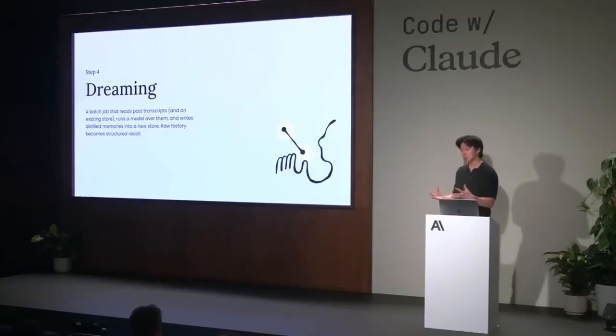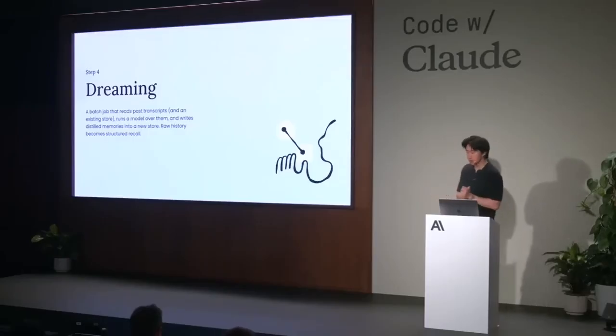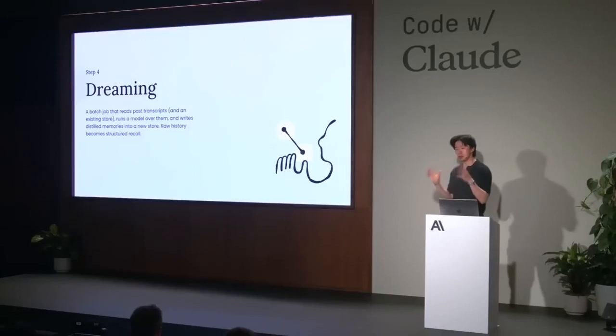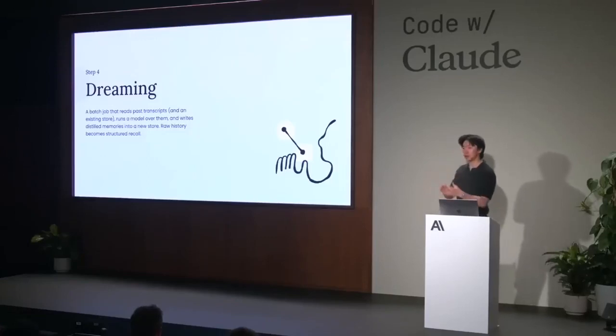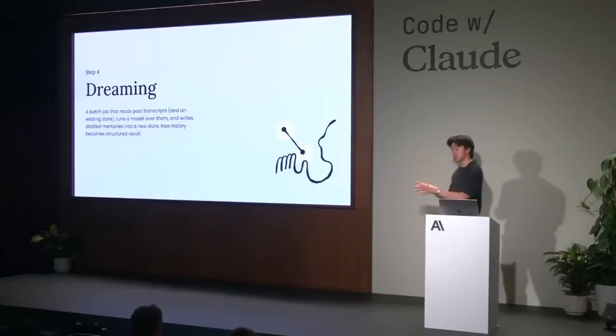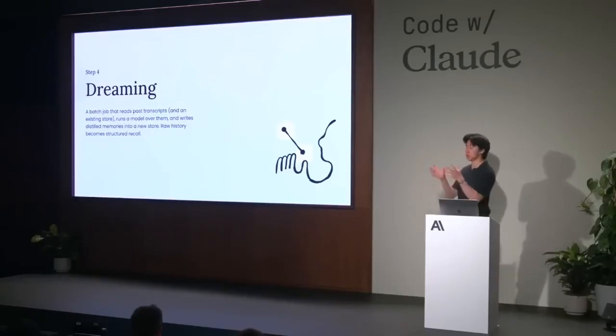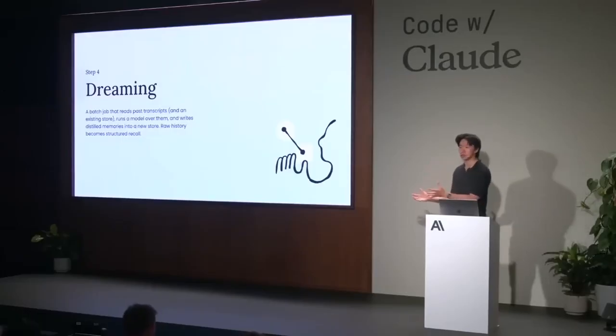Dreaming is a batch process that runs, again, asynchronously. You launch it using our API or through console, and it'll run a new dreaming harness that we built that is a multi-agent setup. It will look over each of the input sessions that you've given it. So you specify an input memory store that you want it to dream over, along with a group of transcripts that you think might help or enrich that memory store.